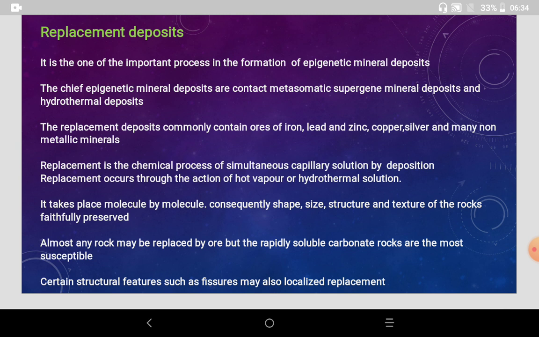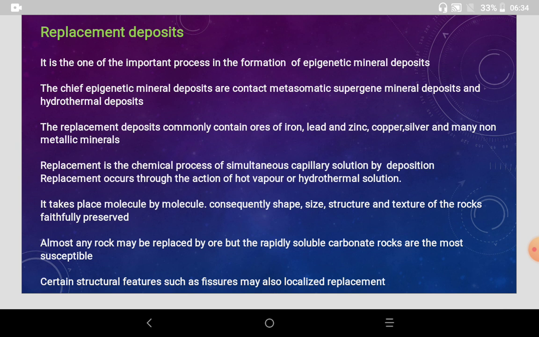The replacement deposits commonly contain ores of iron, lead, zinc, copper, silver, and many non-metallic minerals.